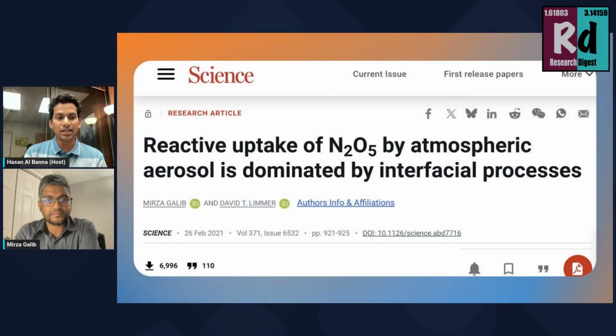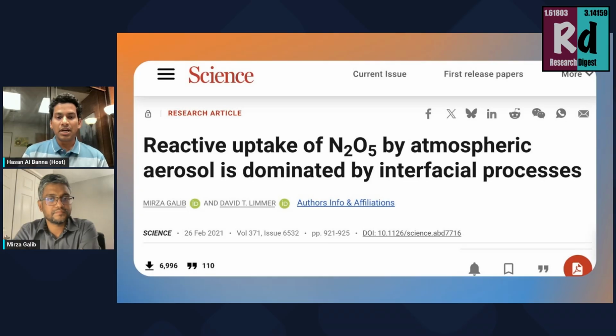Okay, so let's start our discussion with the environment. Everybody is so concerned with the environment, and you published a really interesting and important paper in 2021 in Science Journal. In this paper, you talked about dinitrogen pentoxide, which is an important atmospheric compound that acts as a major nighttime sink or reservoir for nitrogen oxides.